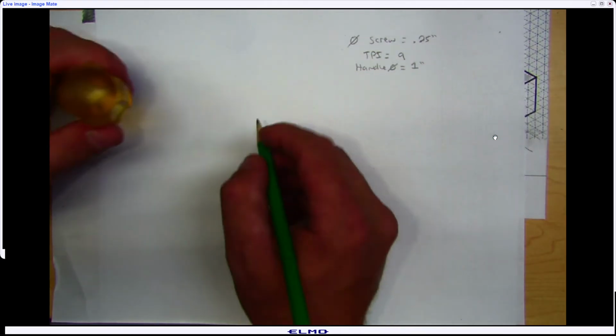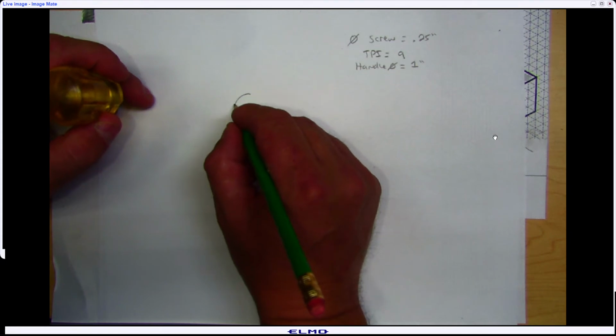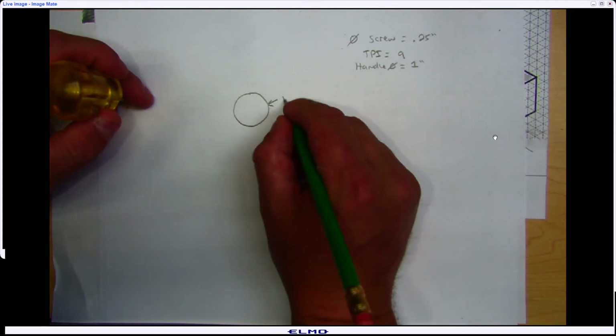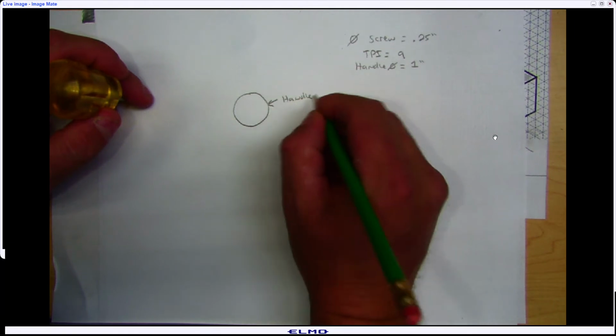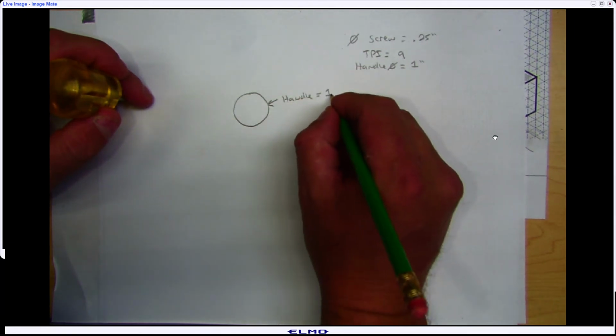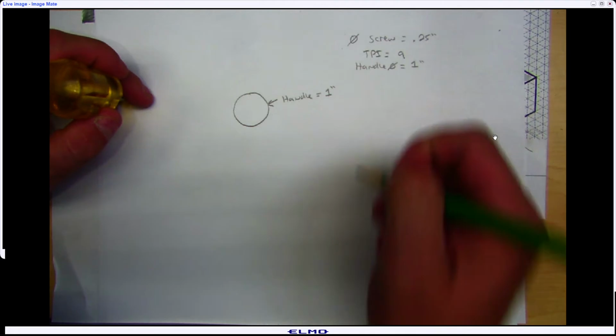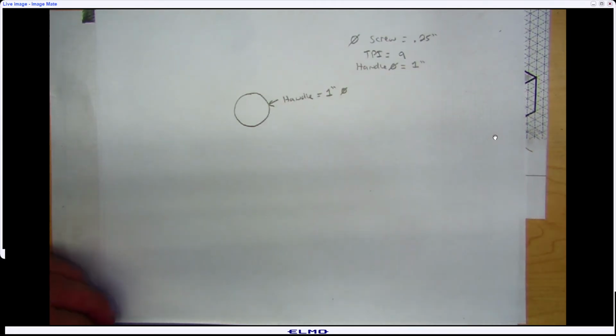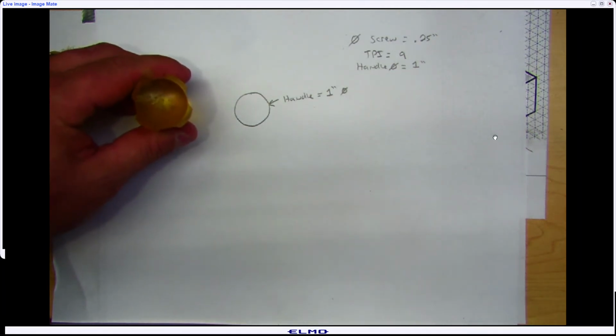Let me sketch this out. Top view, this would be my screwdriver handle. It is 1 inch, and that's a diameter. This is the symbol for diameter. That's a top view, looking straight down on it.